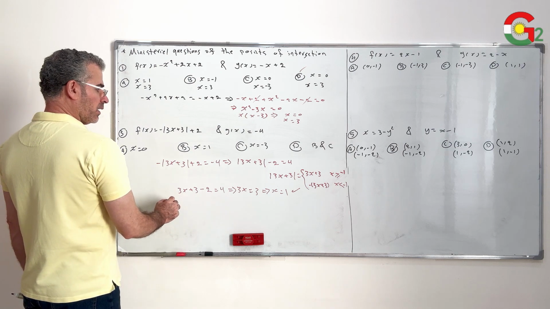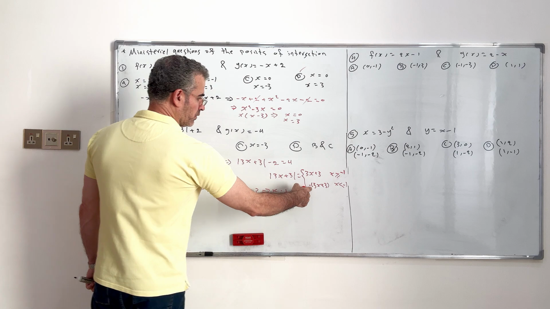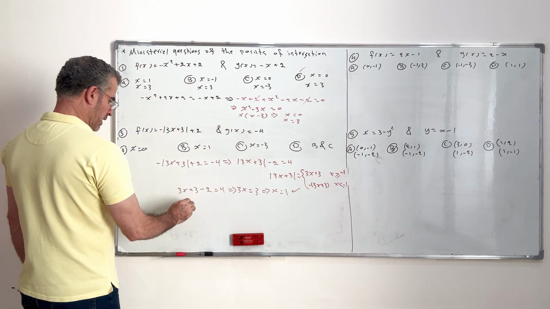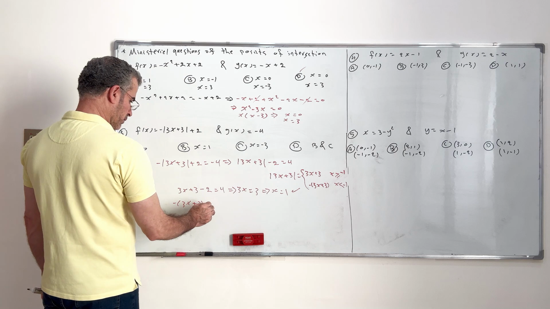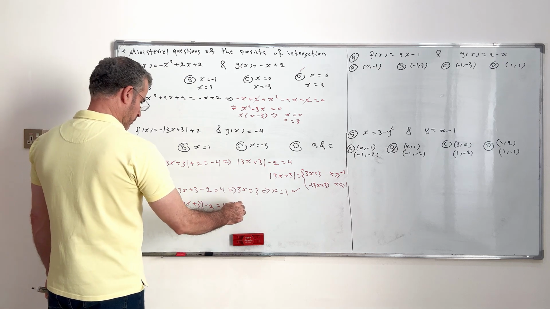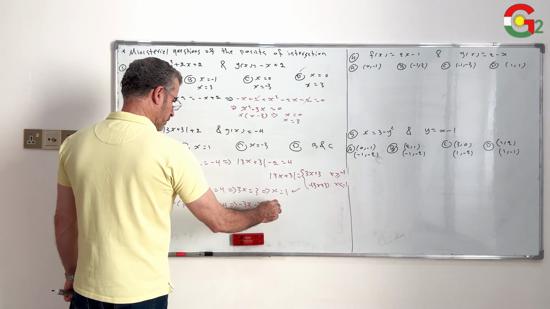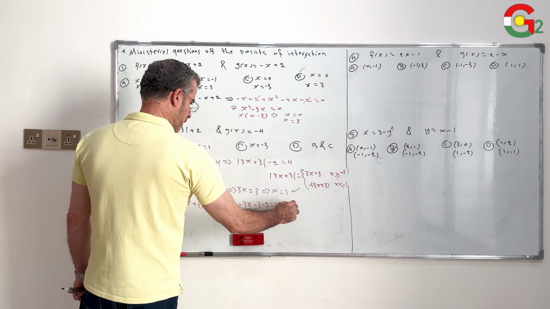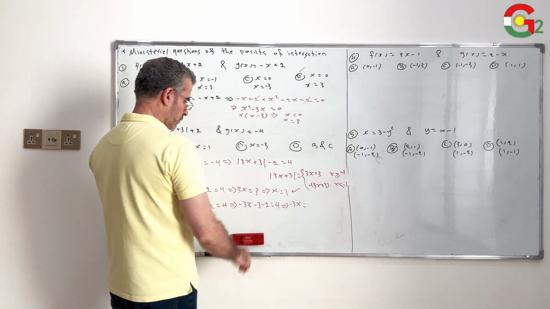For the other case, the absolute value of 3x plus 3 equal to negative 3x plus 3, minus 2 equal to 4. Open this bracket: minus 3x minus 3 minus 2 equal to 4. Then minus 3x equal to negative 3, negative 2, negative 5.